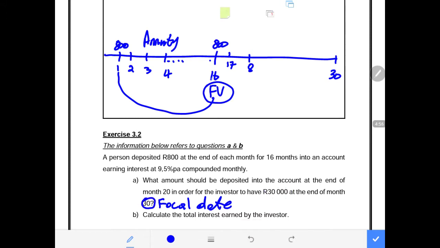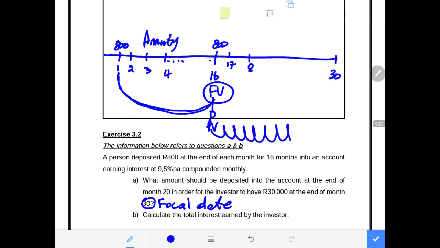But the future value of these payments of 800 after month 16 will remain in the account up until the focal date, which is month 30. So now we'll come back again to what I taught you previously, where the future value of these annuities or of these payments will then be converted into becoming the present value, because this amount will remain in the account earning interest every month.